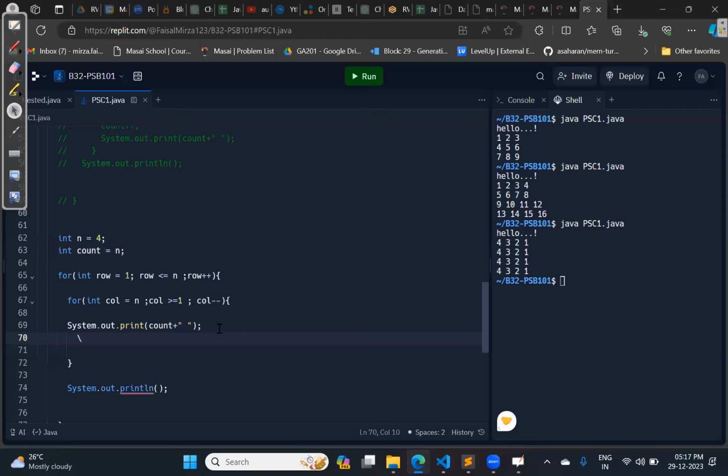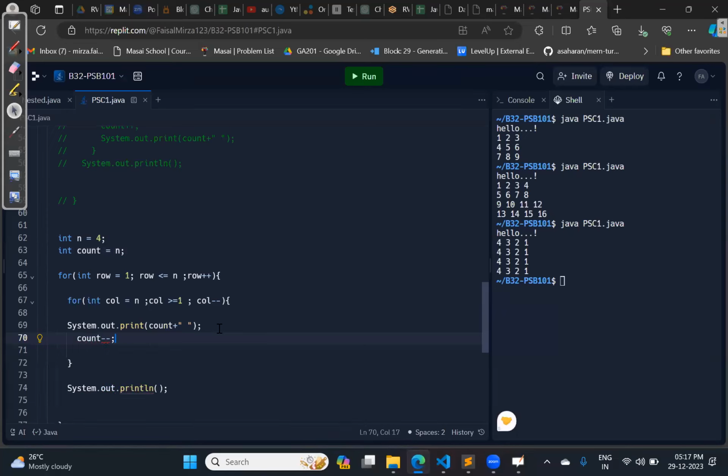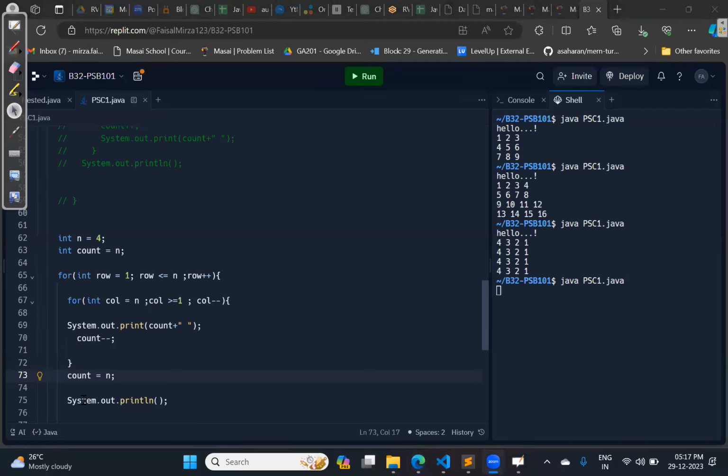Then after that, because 4 should become 1 now, count minus minus. And after the inner loop, again I need to make count equals to n. Let us see. Yeah, getting the same output.